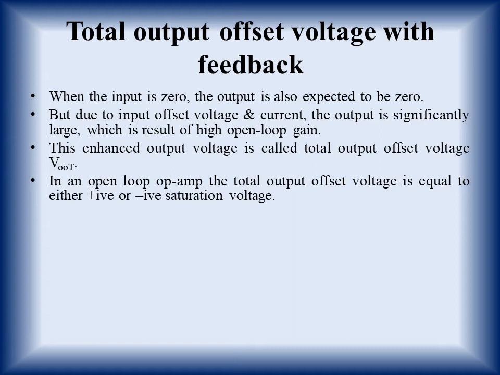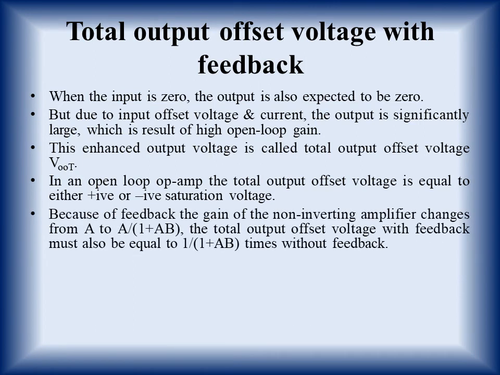If a small error voltage is introduced to the op-amp, it is amplified to either positive saturation or negative saturation. So in an open loop configuration, it is either plus Vsat or minus Vsat.